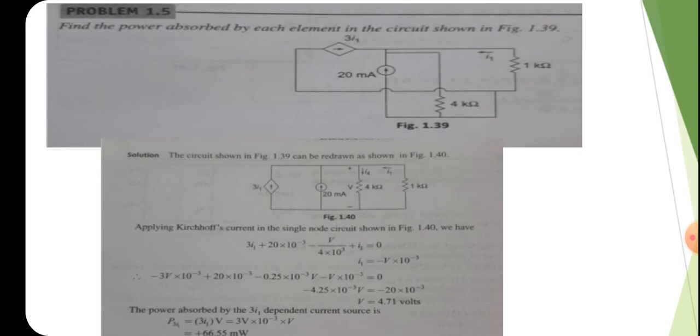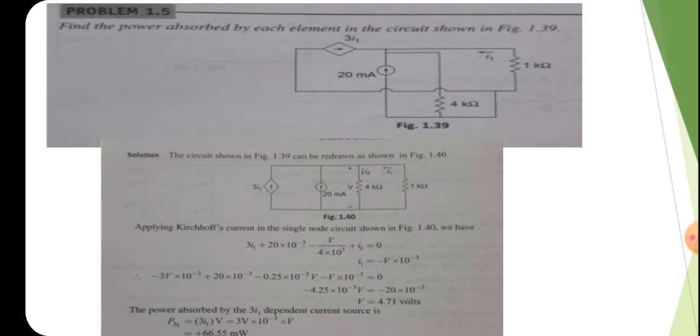You should understand the two terminals of every component and redraw the circuit. When you redraw, you find that the 3I1 source, the 20 milliampere source, the 4 kilo ohm resistor and the 1 kilo ohm resistor are parallel. One terminal of every component is connected to a single point, and the other terminal to another point. So the points are common for every component. So it is a single node circuit.